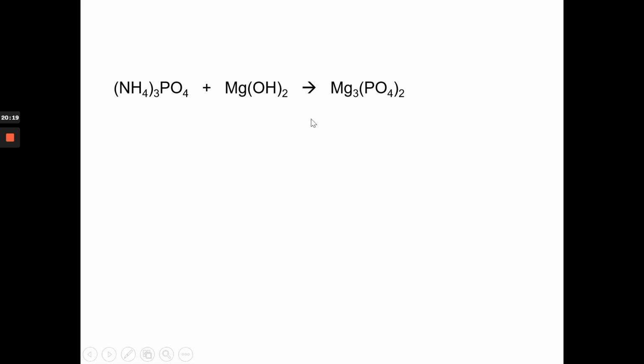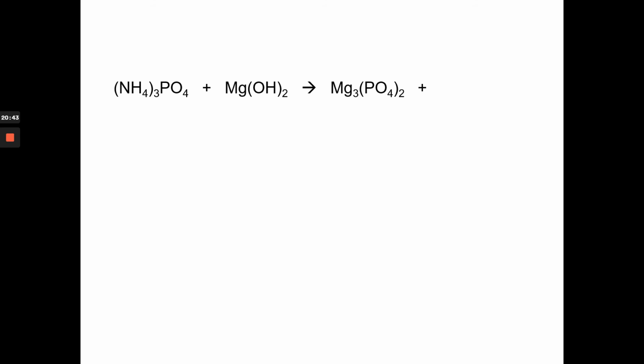Now, let's look at this equation as it's written. It says ammonium phosphate plus magnesium hydrate produces magnesium phosphate. Now, I'm hoping that that looks very odd to you. And the reason it looks odd is we have violated the law of conservation of matter. We've lost matter.